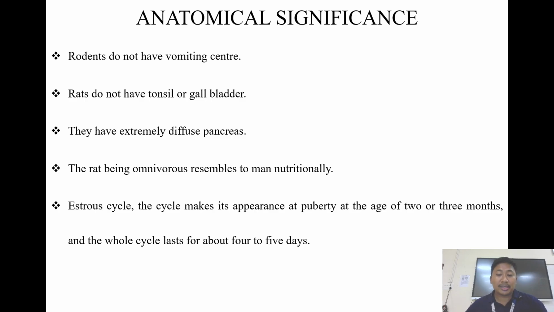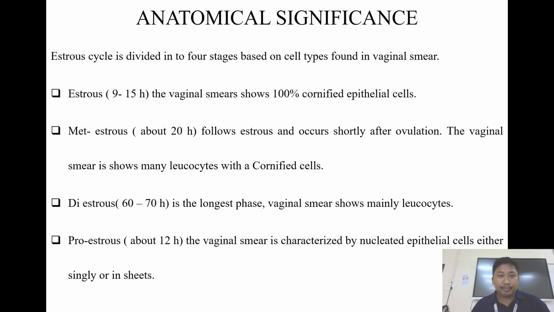As their food is omnivorous in nature, many pathophysiological and biochemical parameters are similar to humans, and we can carry out those tests. Like humans, the rat also shows a menstruation cycle, which we call the estrus cycle. So it means that we can carry out reproductive studies in rats.